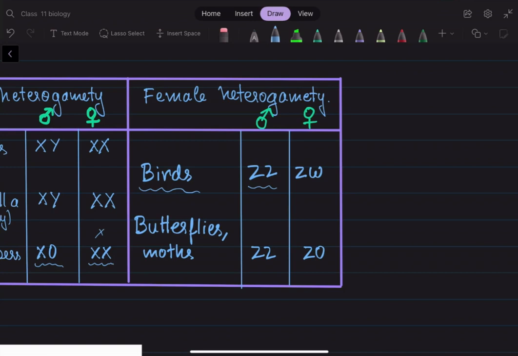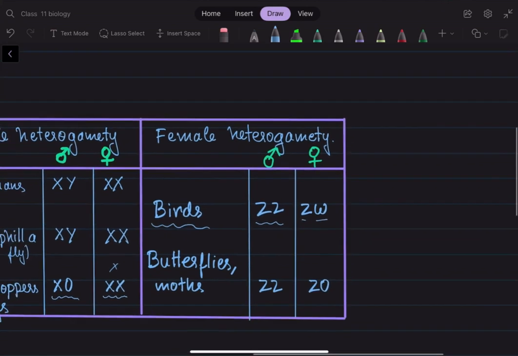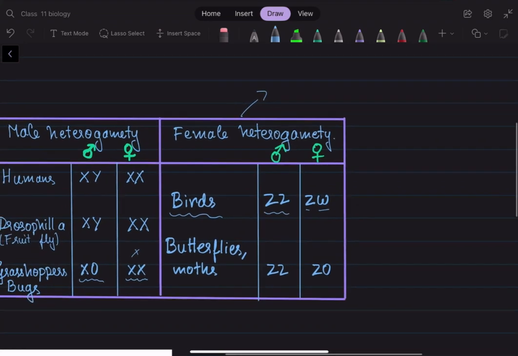So it produces two different kinds of eggs. One will contain Z and the other will contain W. So in this case, the female will determine the gender of the baby, right?